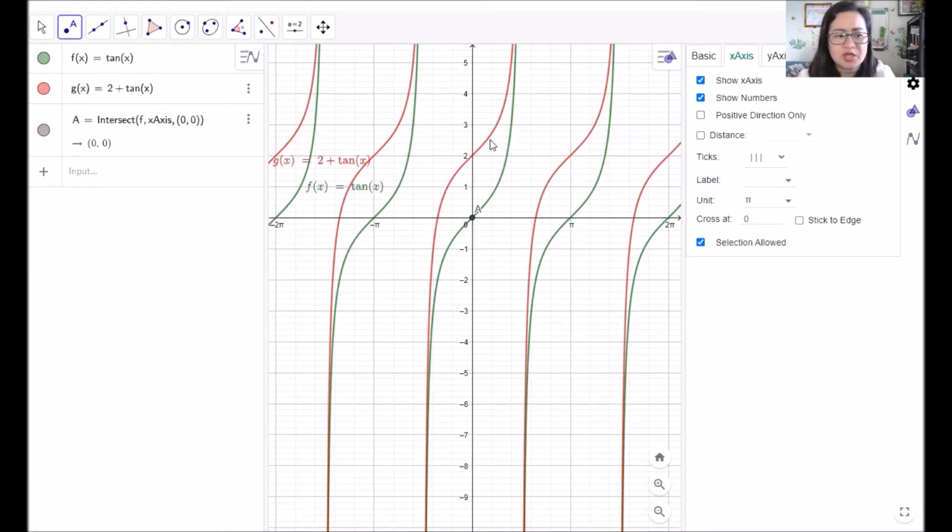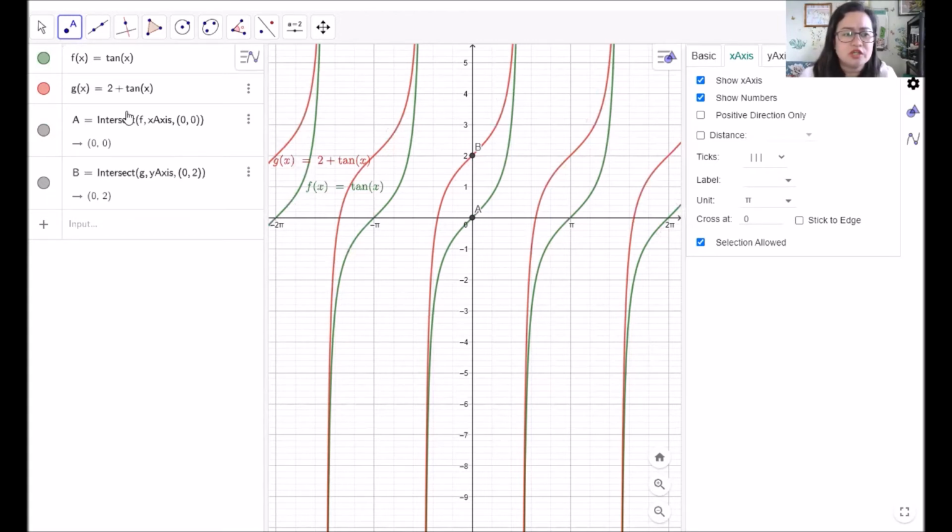Now in the graph of g of x equal to 2 plus tangent x, we have here the turning point. So in other words, the graph of tangent x is vertically shifted 2 units upward when b is equal to 2.